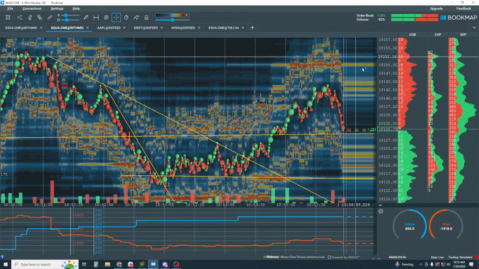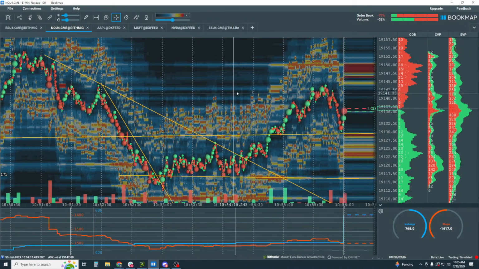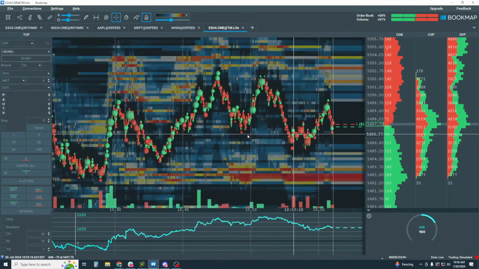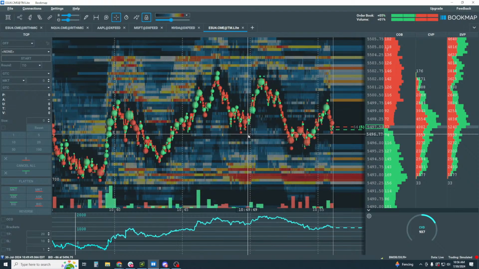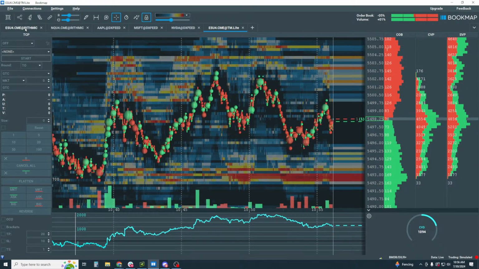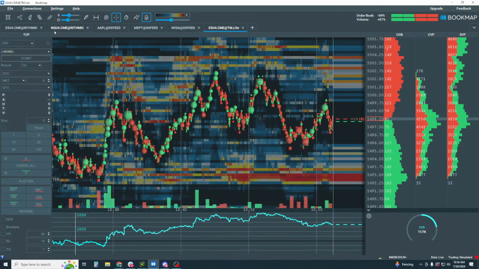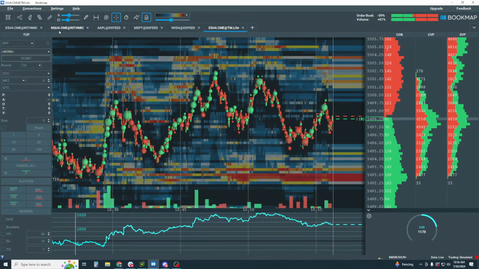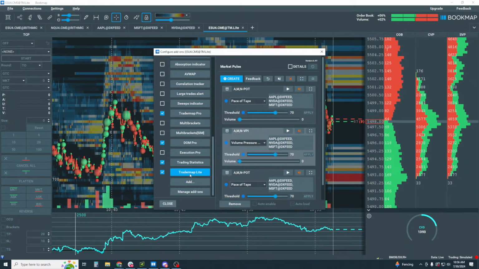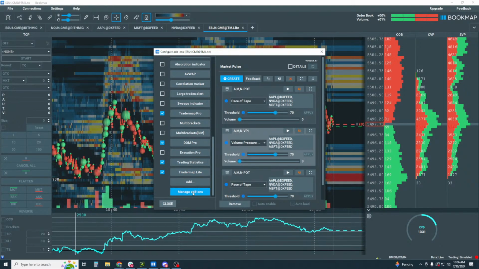So Trader Map Lite, we covered earlier. We've got it here for the ES, and all you have to do is click on it. It only works for the ES, NQ, MES, and MNQ. Okay, so only 4 instruments. So just click here, go to Trader Map Lite or add it from add-ons manager.